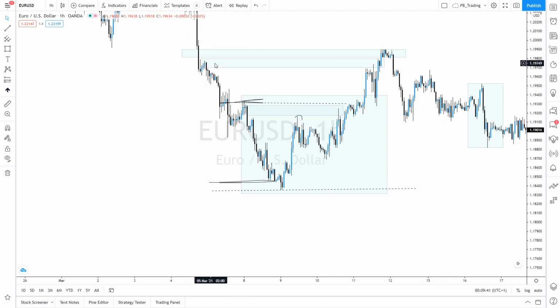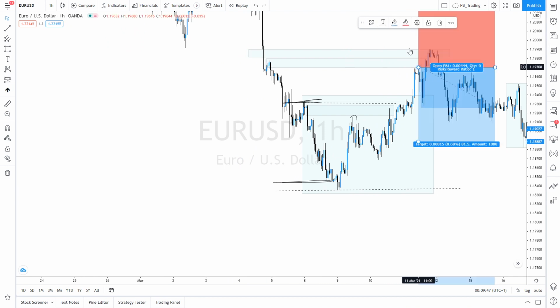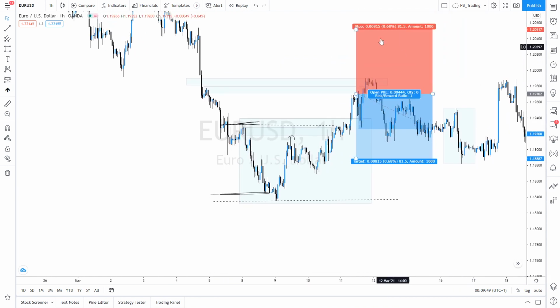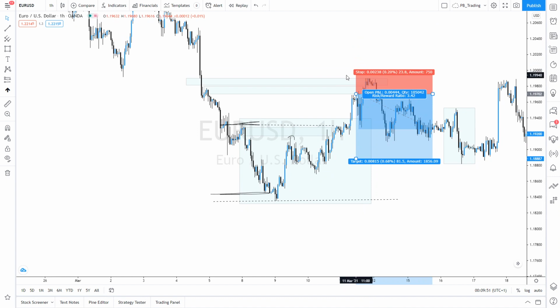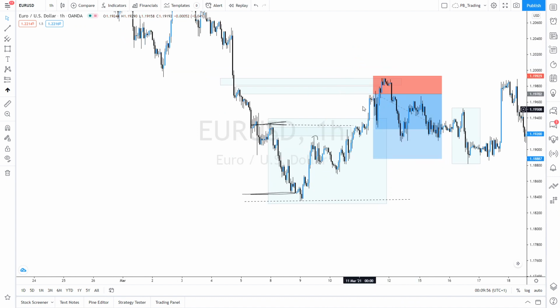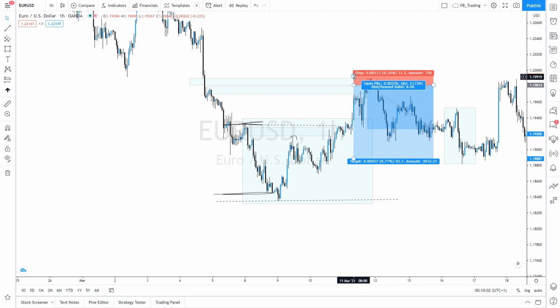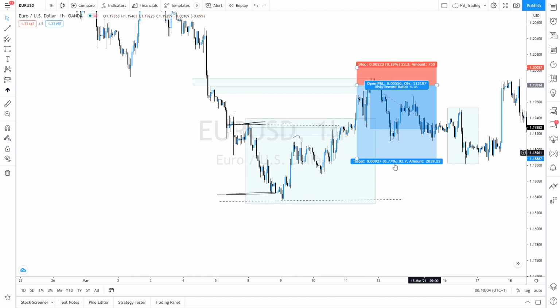Even if I was picking out this first sensitive area here, depending on how much I was going to risk, I would have probably still gotten a winning trade. Risking as little as 20 pips, I would have still gotten a winning trade. But of course, there was this fair value gap too here, and you could see price reaction to that.